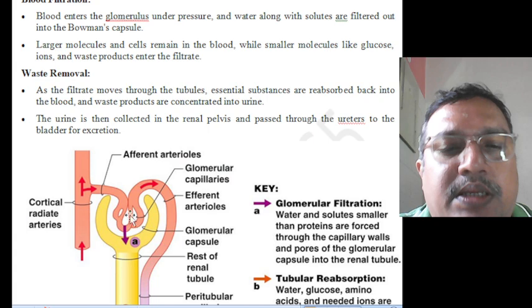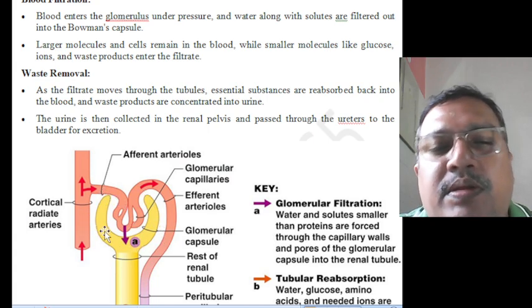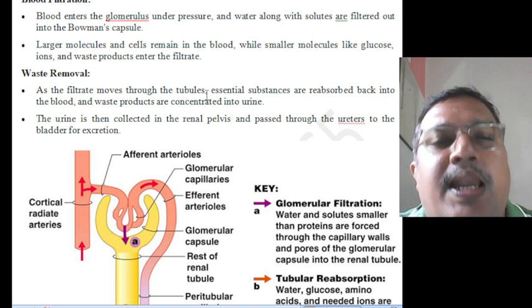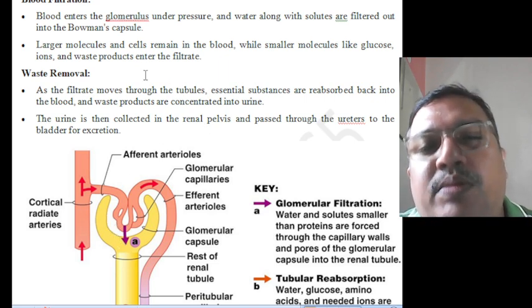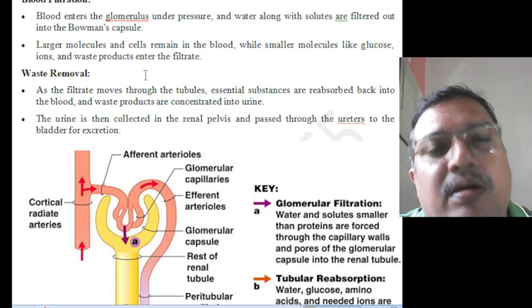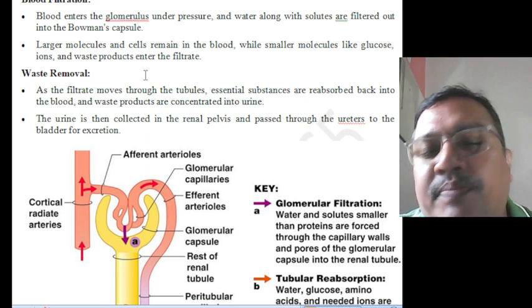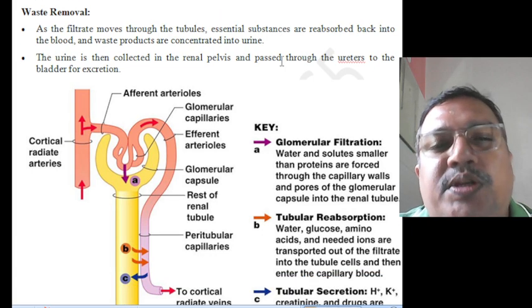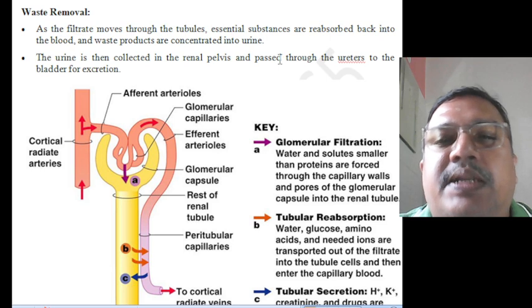You can see this is the Bowman's capsule, the capsule-like holding structure. Larger molecules and cells remain in the blood, while the smaller molecules like glucose, ions, and waste products enter the filtrate.